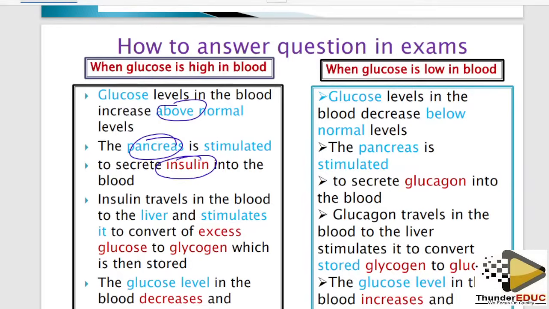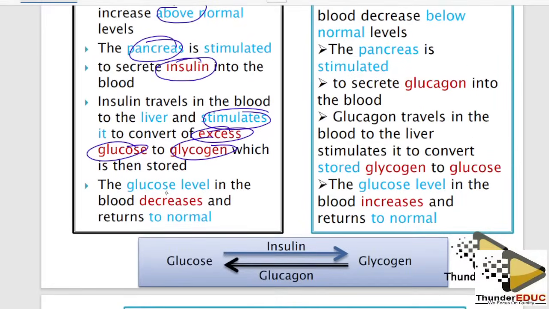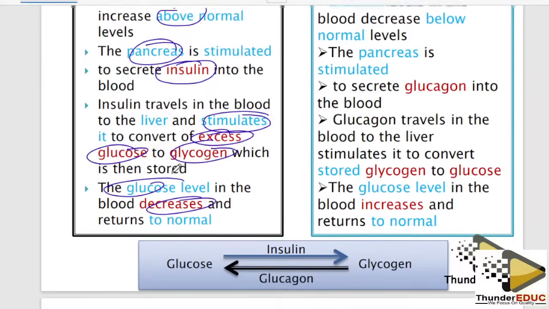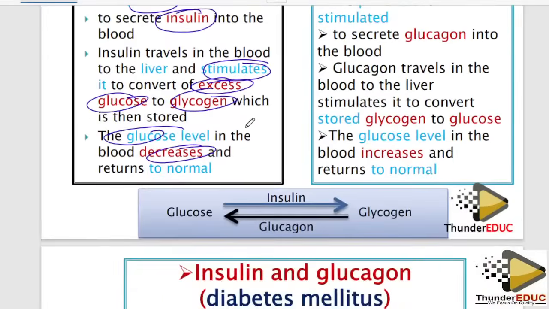It produces insulin. What is the function of insulin? It stimulates the liver to convert excess glucose to glycogen. Once excess glucose has been converted into glycogen, definitely the level of glucose will decrease and go back to normal. That's what I was trying to explain here, but here it is just in words.